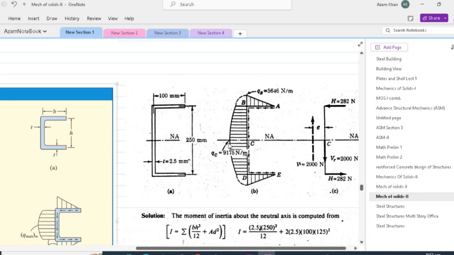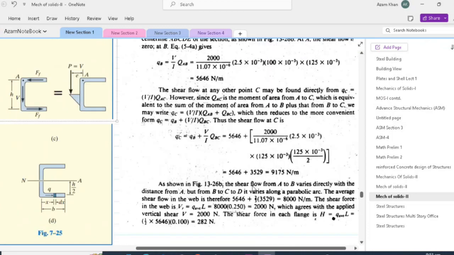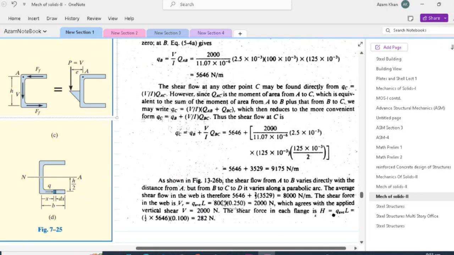Now, we have already worked out the shear flow at point C, which is 9175. Now, the average shear flow in the component BD will be equal to QB 5646 plus 2 by 3 of 3529.